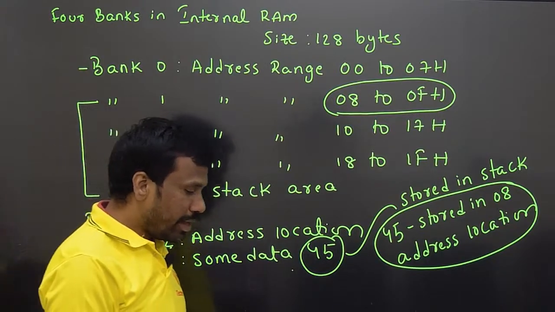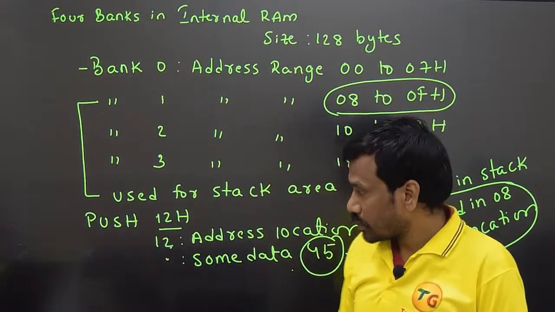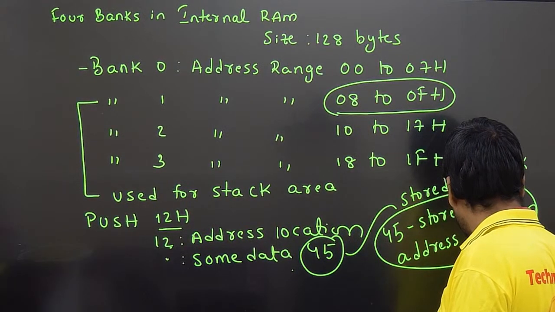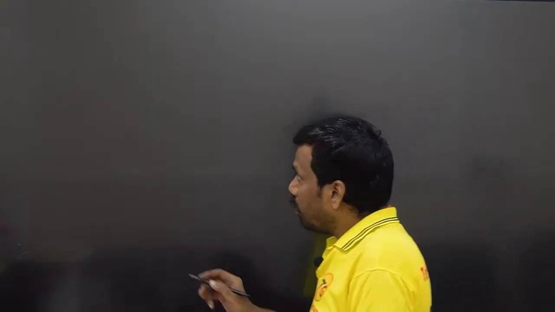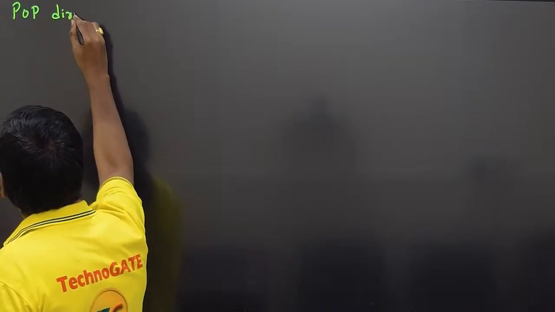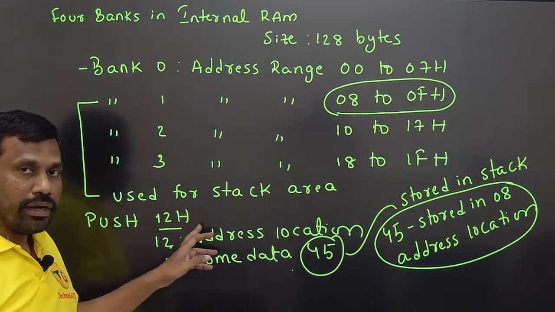Okay, and next pop. So what is pop? Pop direct, reverse operation. Okay, so previously what I told? 12 is the address location.